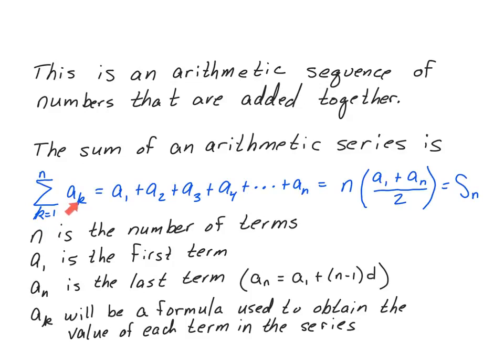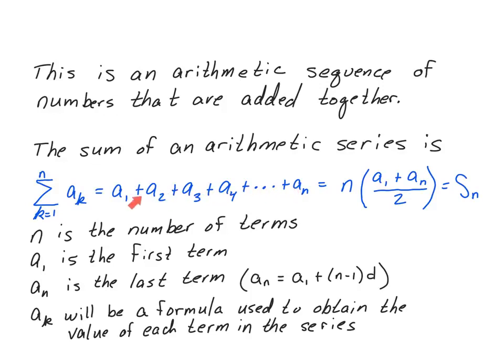Then you plug in a 3, which would be plus a sub 3, and then a 4, which would be plus a sub 4. And you keep on going until you reach this upper number, so it'll be plus a bunch of terms, however many terms are indicated in here. And then a sub n would be the last term in this series.